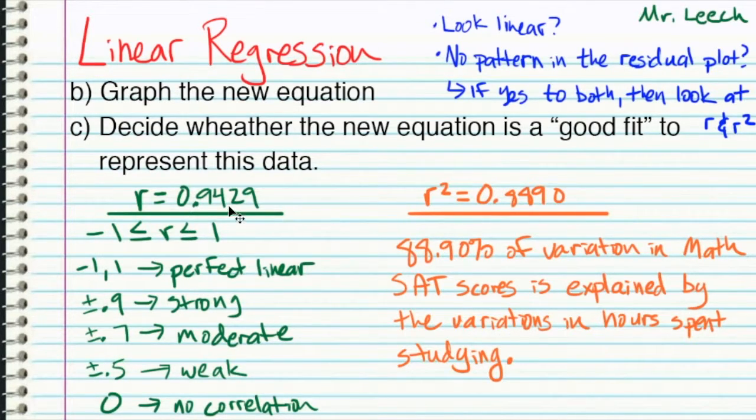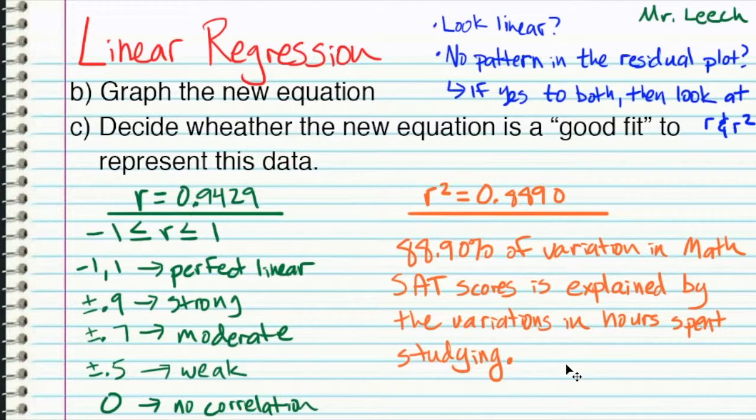This is quite literally r squared. If you square 0.4929, you should get about 0.8890. What we can say about this is this sentence: 88.9% of the variation in math SAT scores is explained by the variation in hours spent studying. Now, this doesn't mean that hours spent studying causes the math SAT scores to go up.